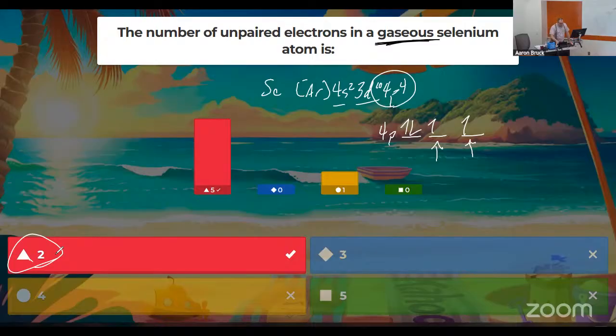So in questions like this, it can be really tempting to think, okay, the only way to know that it's an unpaired electron is to look at an orbital diagram, and you get tempted to make the entire orbital diagram. But in reality, the only part that you need for orbitals is just that last part of the configuration.